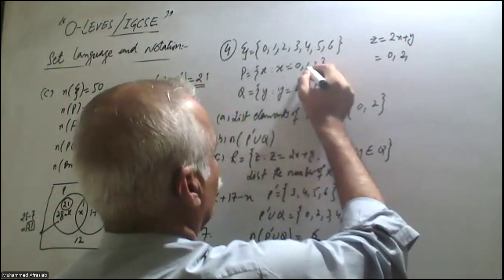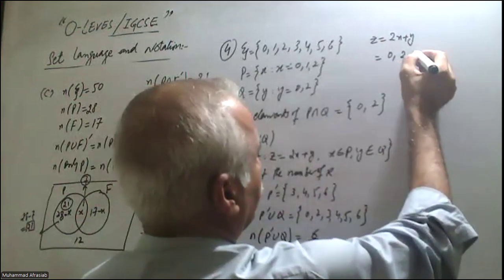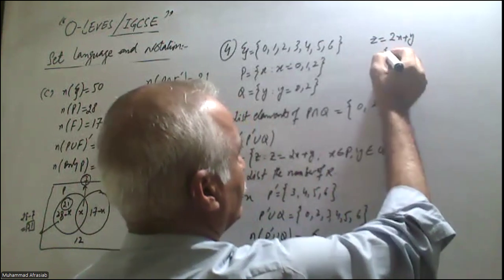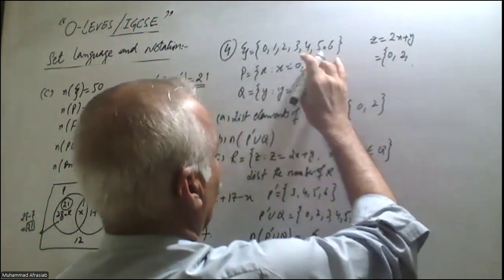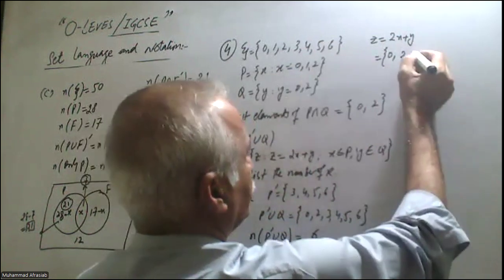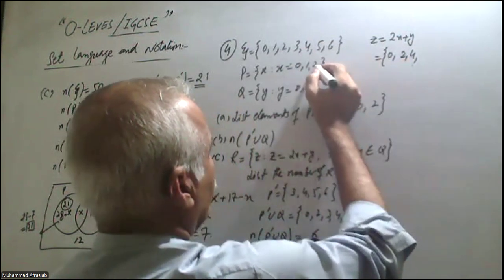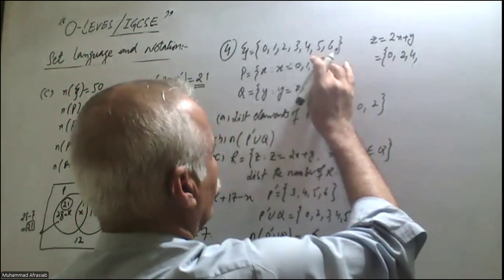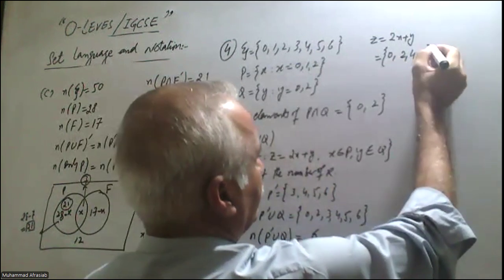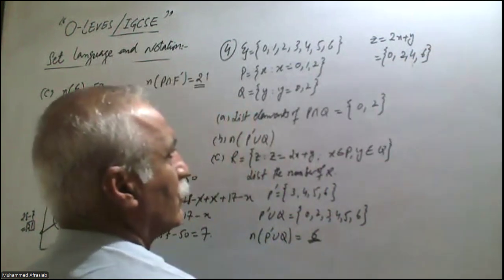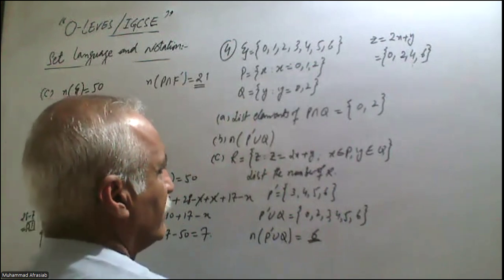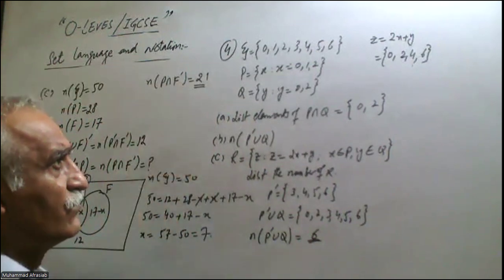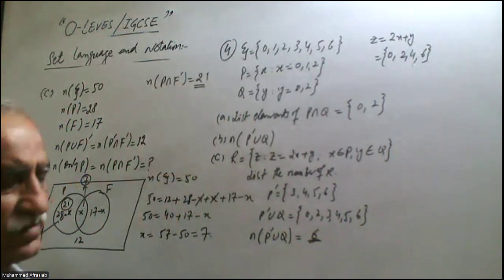Then 1 times 2, 2 plus 0 is 2, which is already in the list. Then 1 times 2, 2 plus 2, is 4. Then 2 times 2, 4 plus 0 is 4, already there. Then 2 times 2, 4 plus 2, is 6. So 0, 2, 4, 6 is the list of the members of this set Z.